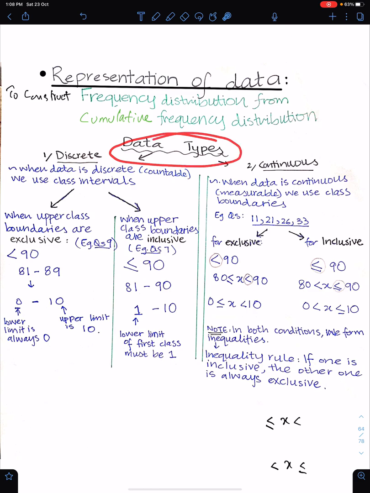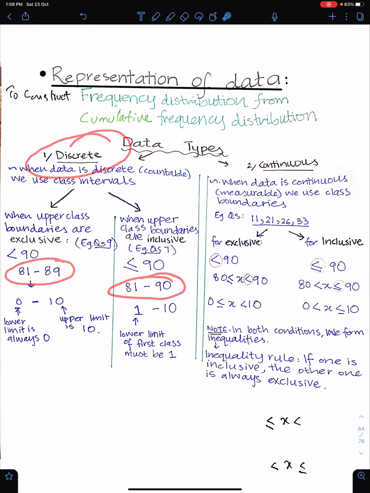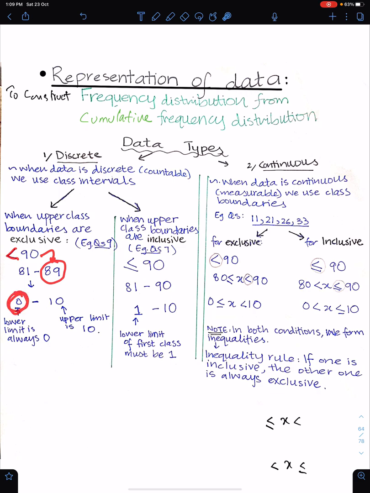See, data has 2 types, discrete and continuous. When data is discrete, like countable, then always use class intervals. This is very important. Upper class boundaries will be given in the cumulative frequency distribution, and we have to construct the frequency distribution. If upper class boundaries are exclusive, then the first value, the lower limit of the first class, must be 0.